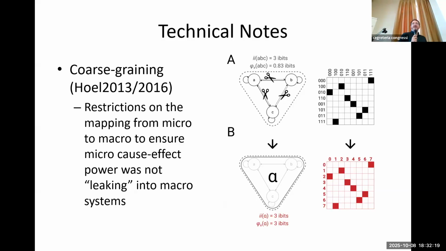I'm going to present a few technical notes that lead into the new work. So in the Hoel papers, we had restrictions on the mappings from micro to macro. People who have read these will maybe remember them.